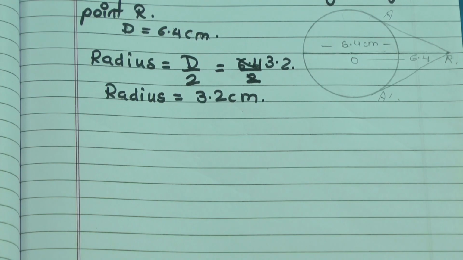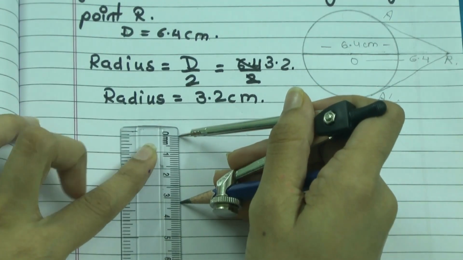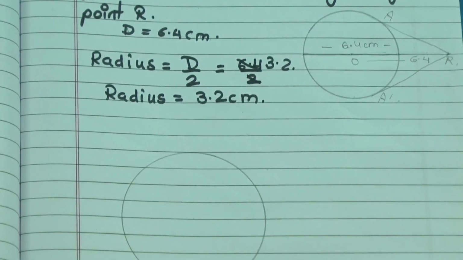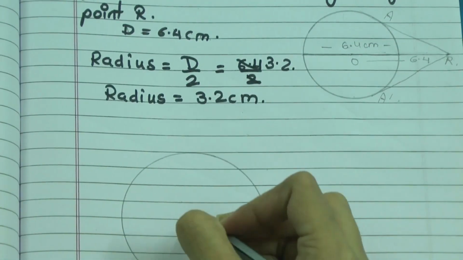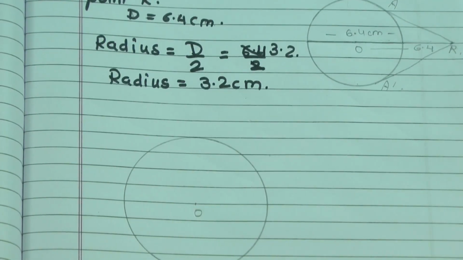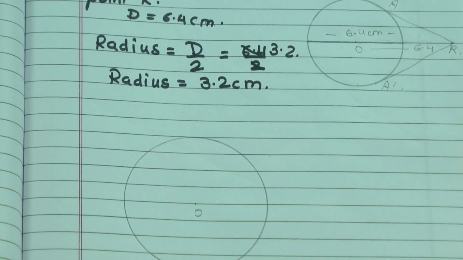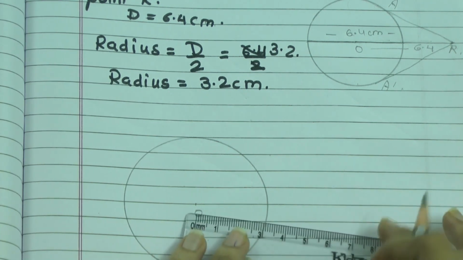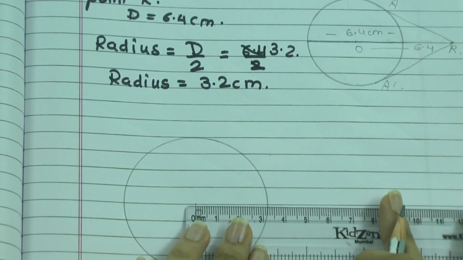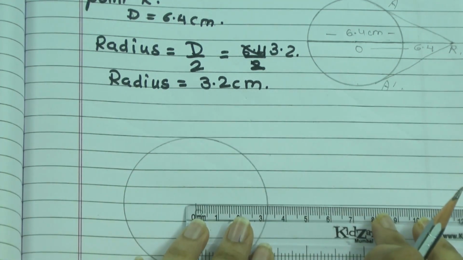Draw the circle of 3.2 centimeter. Mark the point as O as per our rough diagram. Now take the point R, which would be 6.4 centimeter from the center. Equal to diameter means 6.4. Already we have 6.4 as diameter.